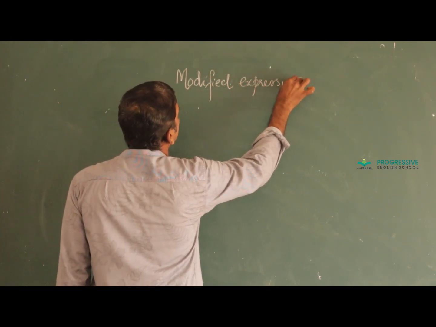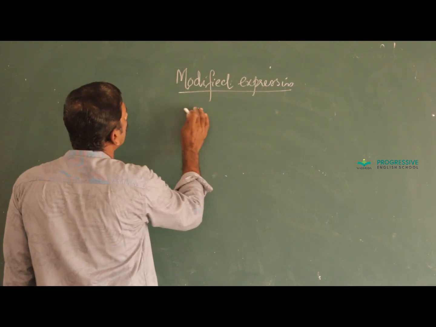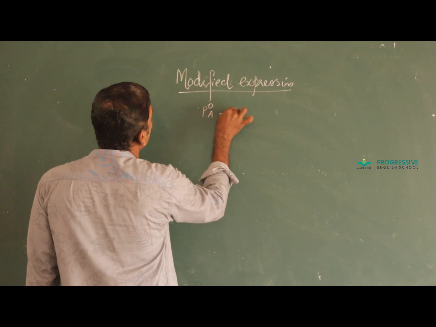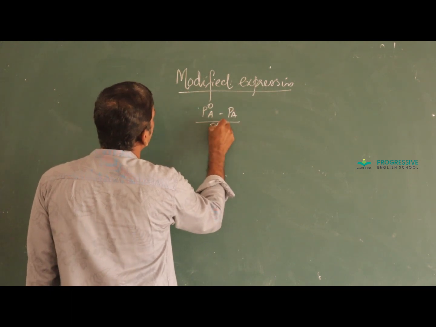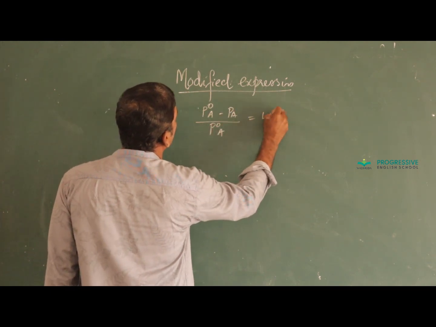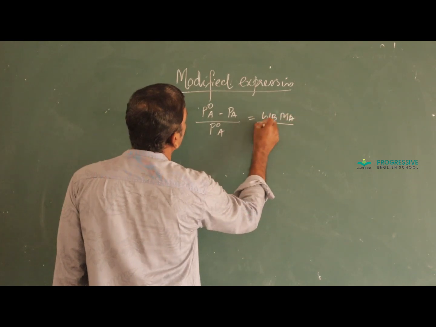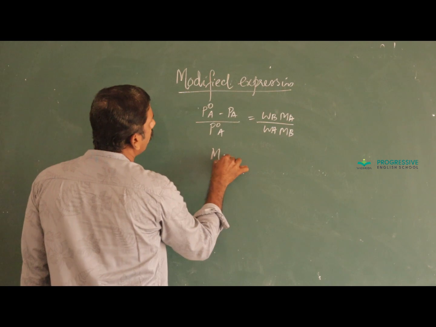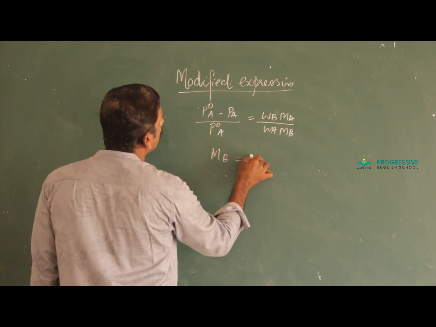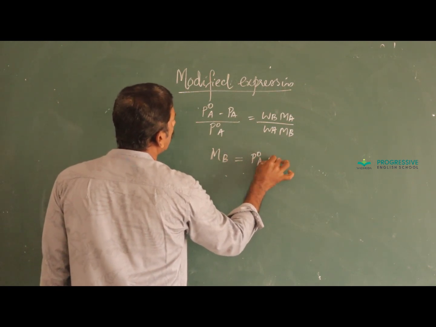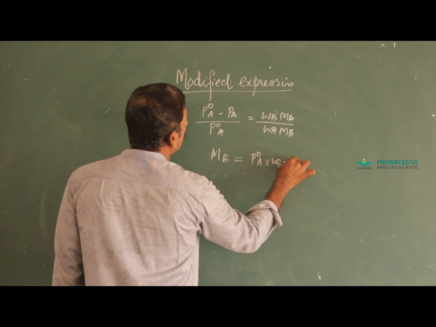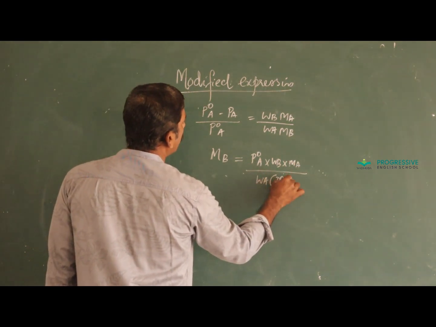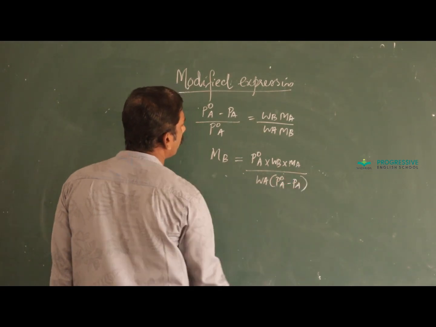We have already expressed (P0A minus PA) divided by P0A equal to WB MA divided by WA MB, or from that MB equal to P0A WB MA divided by WA into (P0A minus PA).